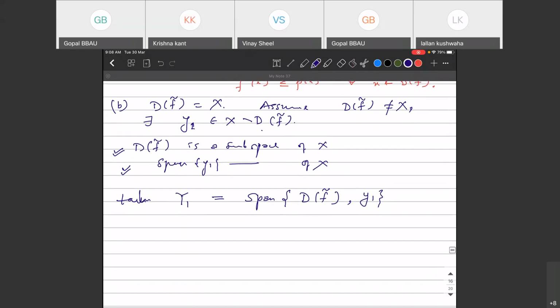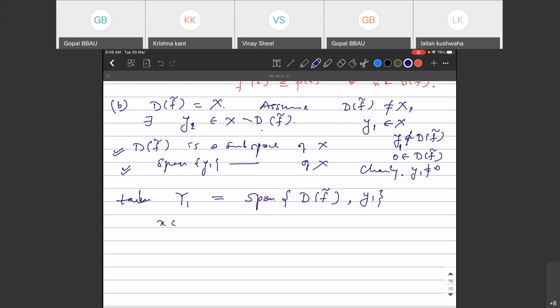Okay, so you may say that y1 could be 0, but it's not true because y1 is in X, but y1 is not in the domain of F tilde, and you know 0 belongs to the domain of F tilde, so this means y1 is non-zero. So clearly y1 is non-zero.